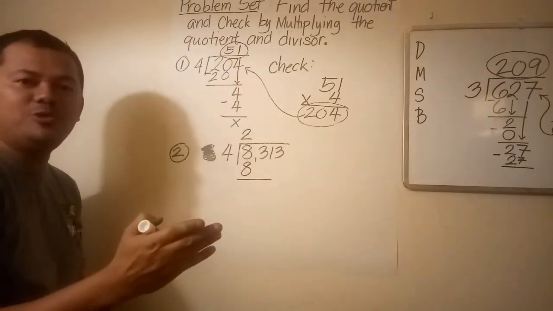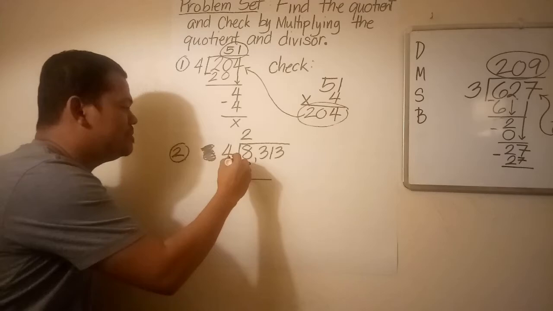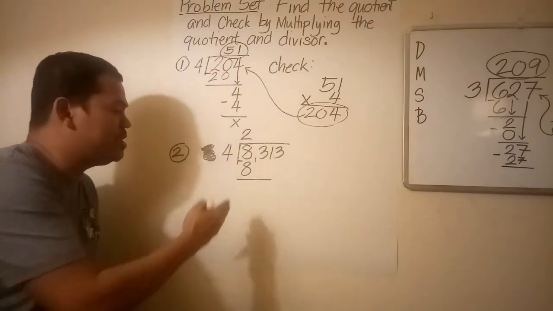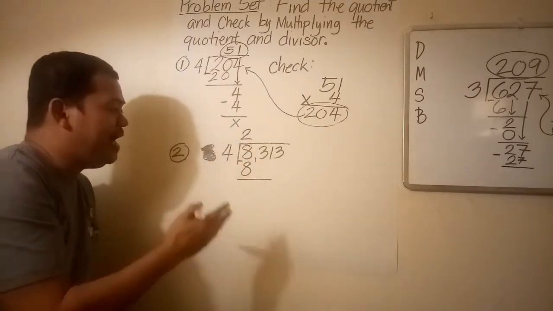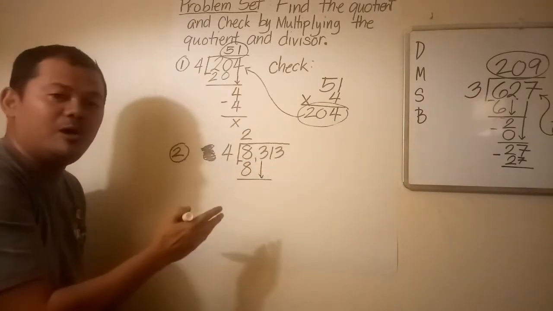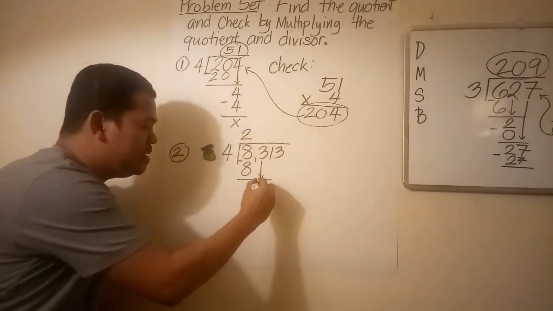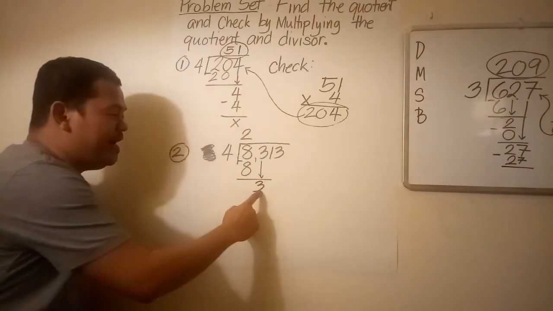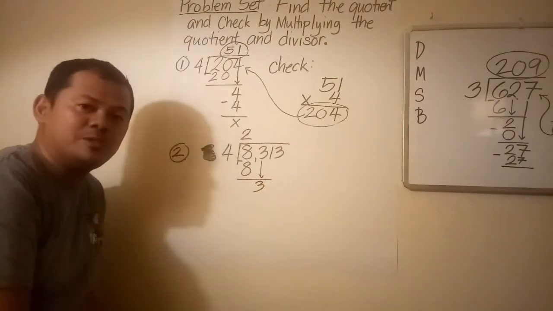After we multiply, what are we going to do next? We subtract. 8 minus 8 is 0. So we need to write it here, it's up to you. After we subtract, we are going to bring down the number next to our dividend, which is 3. You write 3 here. Now, can we divide 3 by 4?